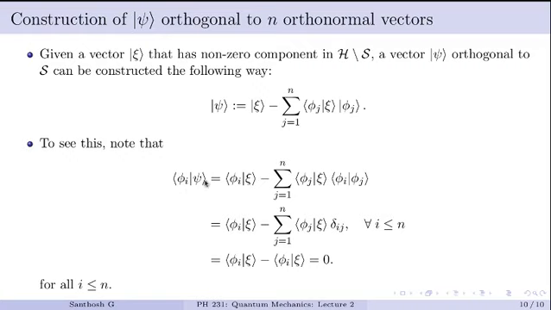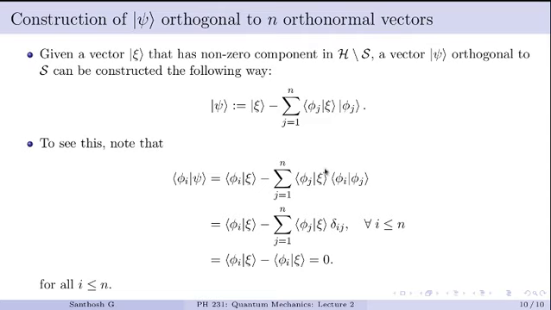Phi i with psi will be equal to the inner product of phi i with chi minus the inner product of phi i with this linear combination. Now, the inner product is linear in its second argument, and therefore the inner product of phi i with this linear combination is simply equal to sum over j equal to 1 to n.